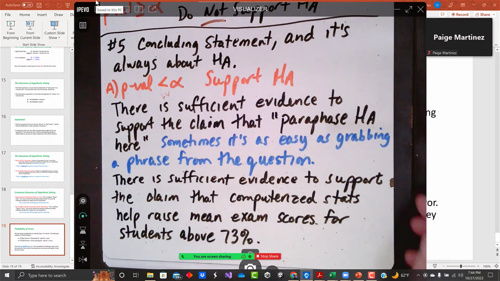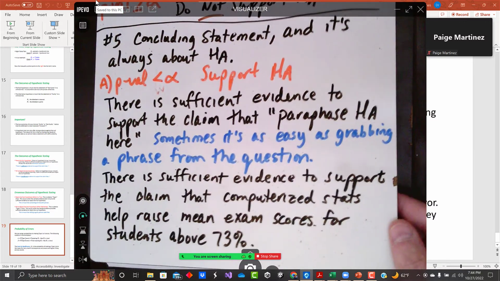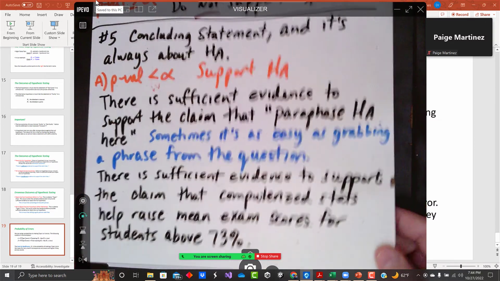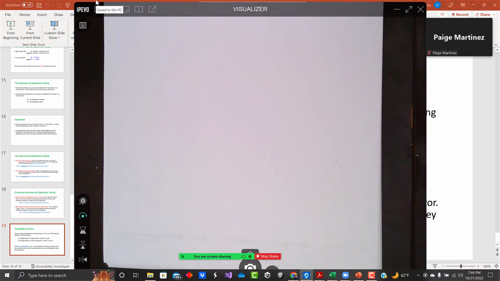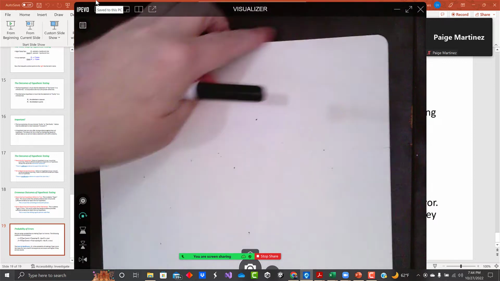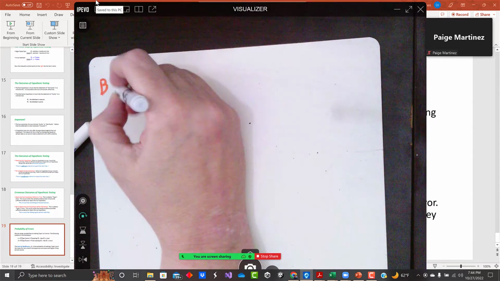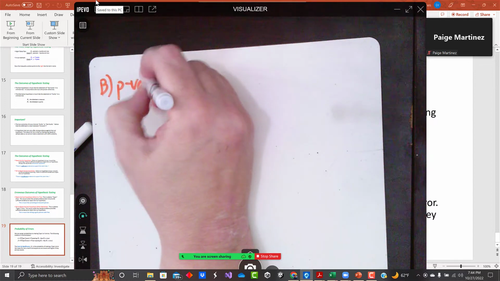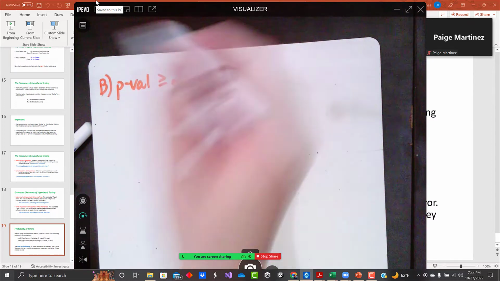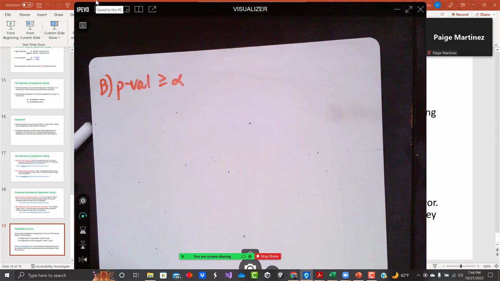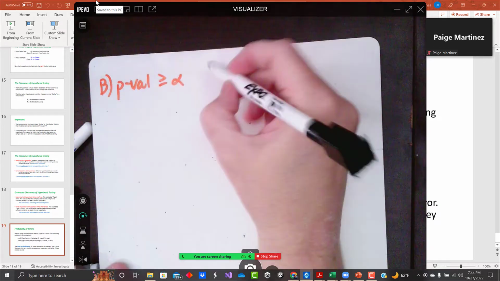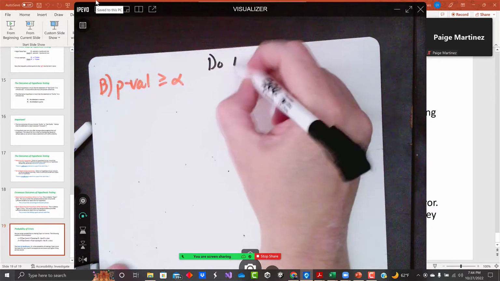And ready to see the other option? Option B for this. B was when the p-val is not too low. P-val is greater than or equal to alpha. This was do not reject H naught.